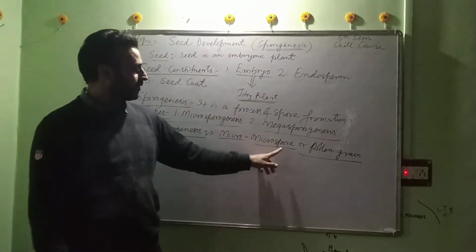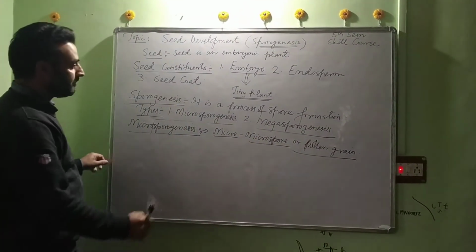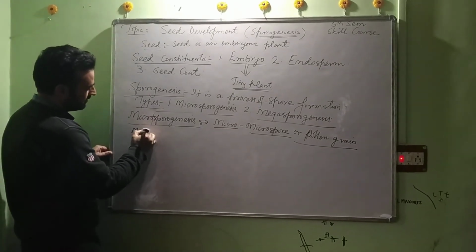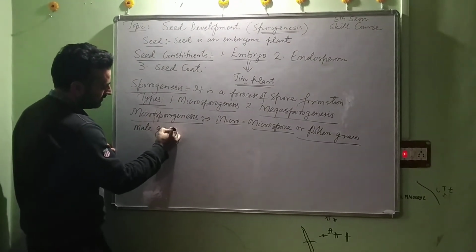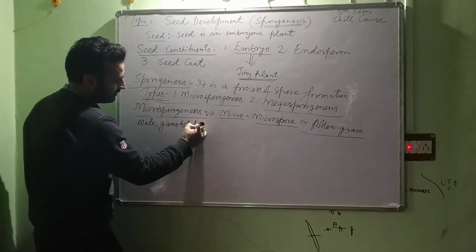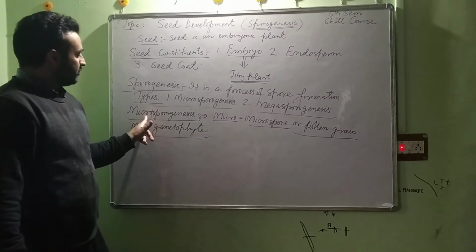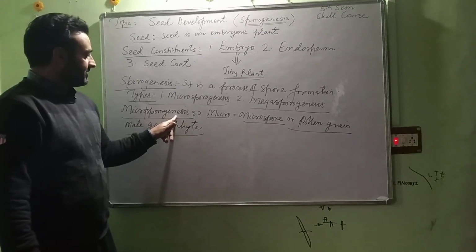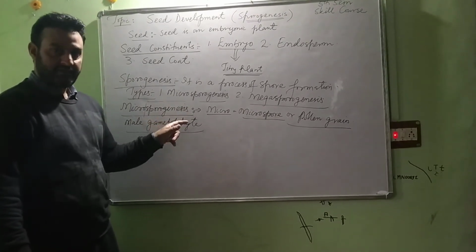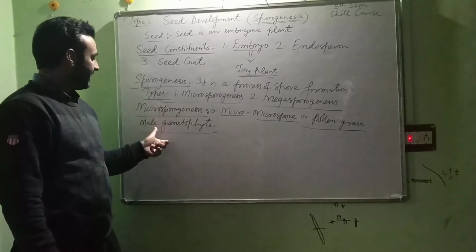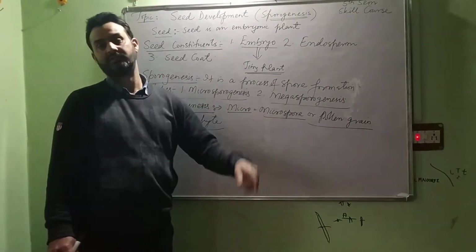This microspore or pollen grain is actually a male gametophyte. Microsporogenesis is a process in which microspores, or pollen grains, or male gametophytes are formed.